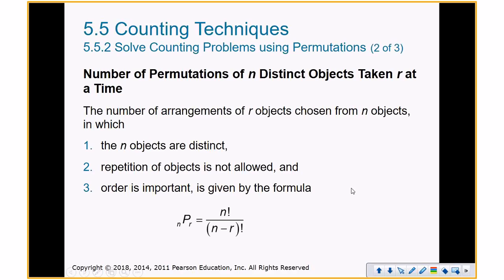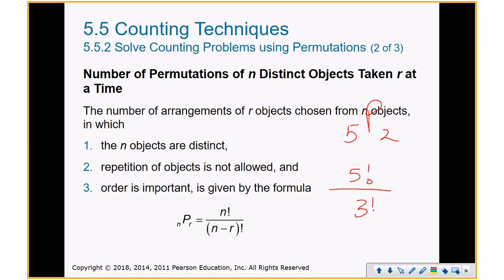But if I did give you a question of 5 permutation of 2, it would be written like this. And you would type in, what's n? N is always your biggest number. That's right, 5. So that would be 5 factorial over, what's 5 minus 2?